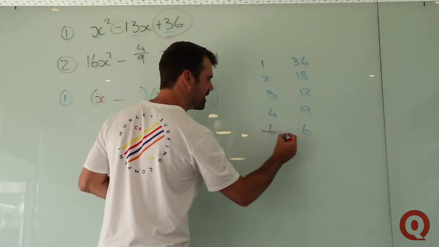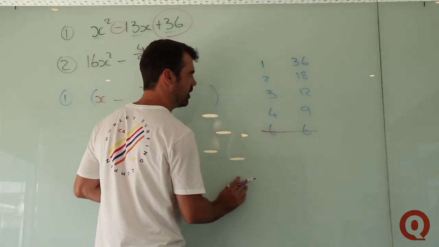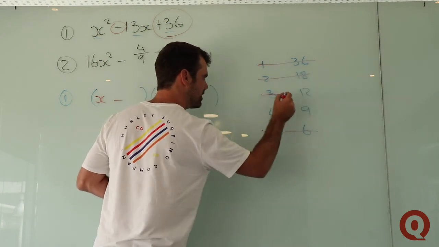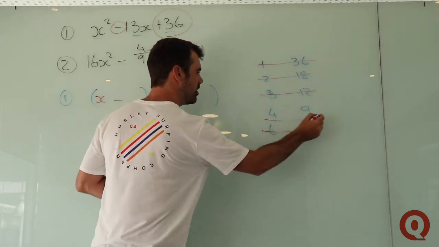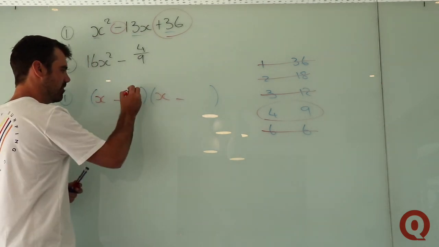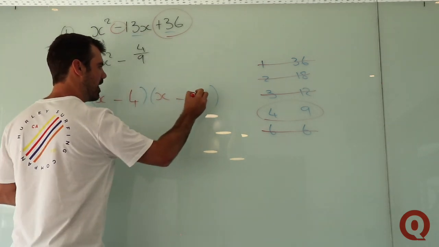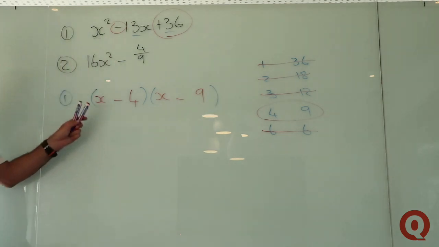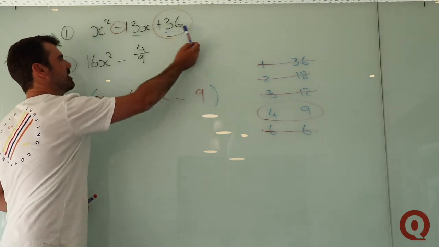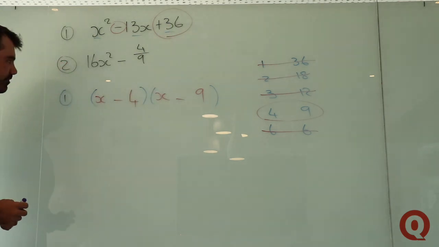So we can eliminate 6 plus 6 because that gives us 12. That's never going to help us. This isn't going to help us either. So it's got to be 4 and 9 because 4 plus 9 does give me 13. So it's going to be minus 4 minus 9. And that is factorizing the top trinomial using the little trick of looking at my c and it being positive.